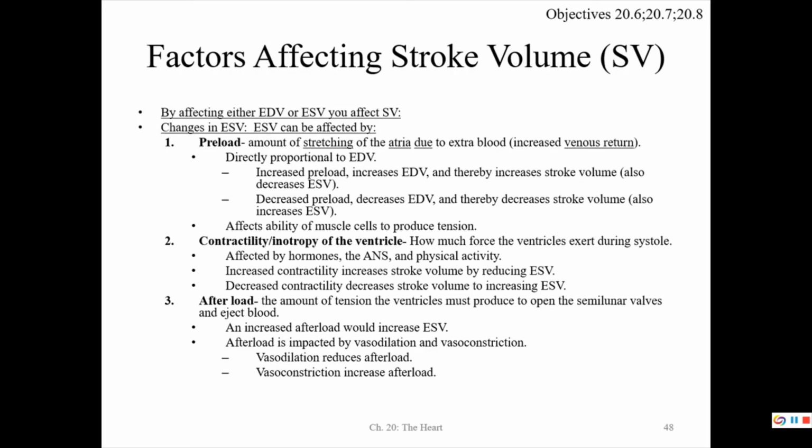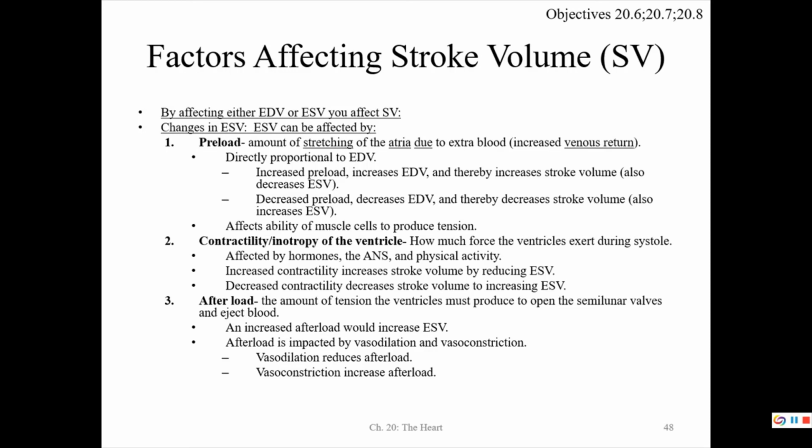And that's called contractility, or inotropy, how hard the ventricle contracts. Now, that's very important. You will give patients anti-inotropic drugs like calcium channel blockers, things like this. Okay? Things that can affect how hard the heart beats. There are hormones, the autonomic nervous system, and how active you are.